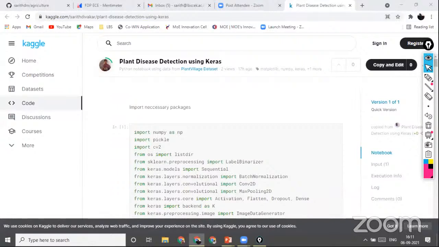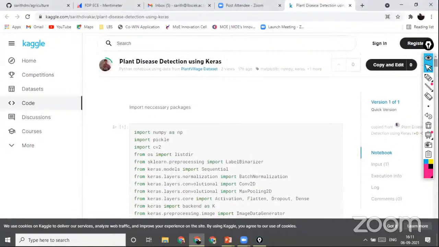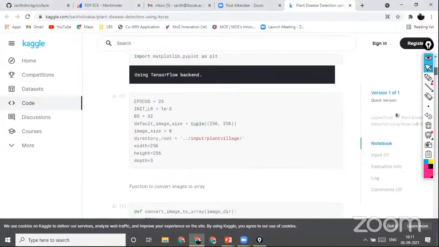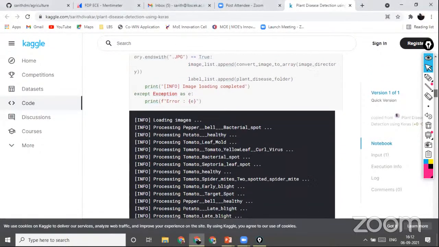If you have already created your Kaggle account, you'll be taken to this environment. Here you have all these codes ready to be run, and once you run, you'll be able to see the results in the next line.